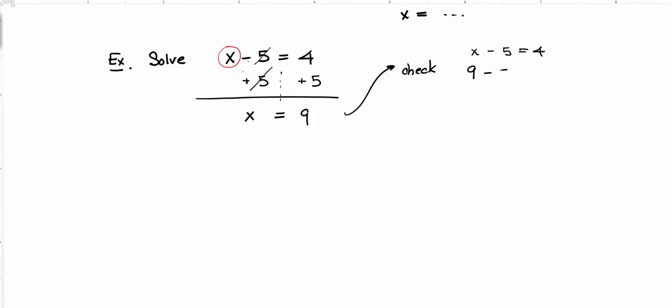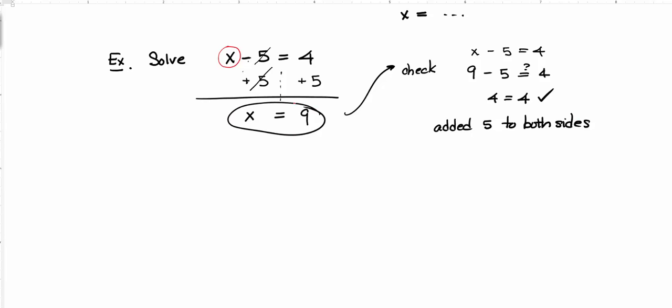So if I plug in 9 for x, 9 minus 5, does that equal 4? And sure enough, 4 equals 4. So I know I have the right answer. What I did here was I added 5 to both sides. The cool thing about equations is you can always check your answer. So on a test, there's really no reason for you to ever get it wrong because you can always plug it back in to see if you got the right thing.